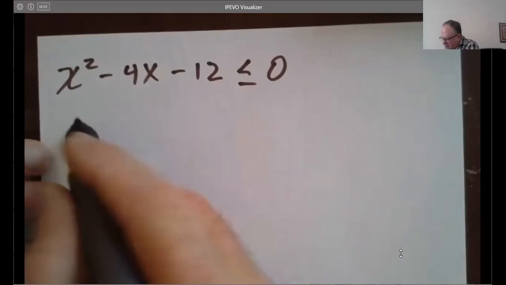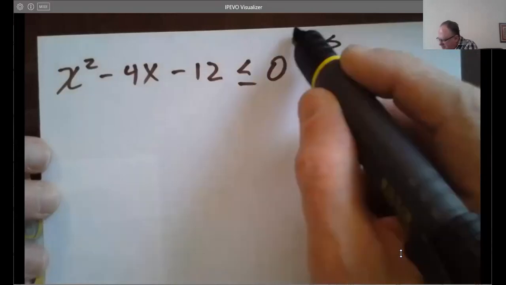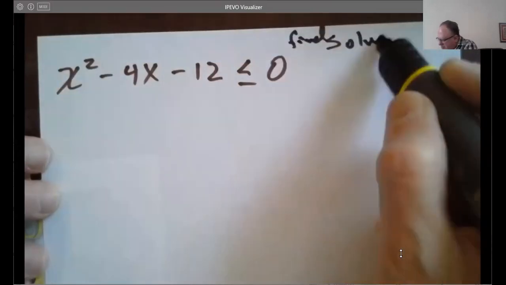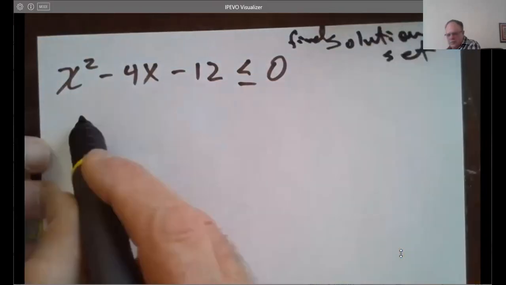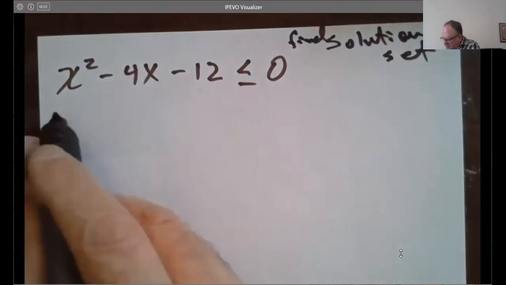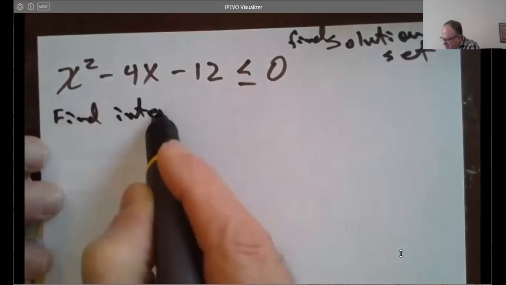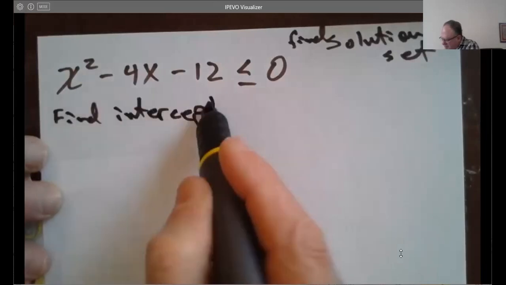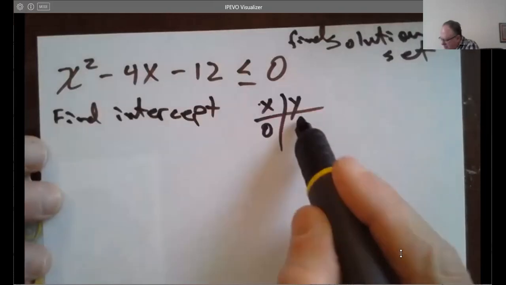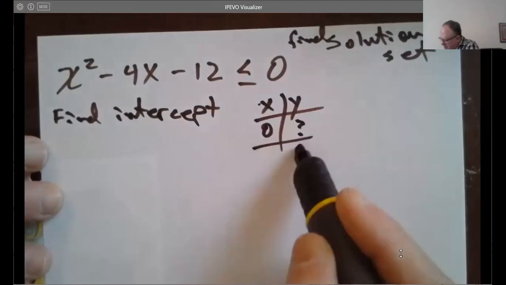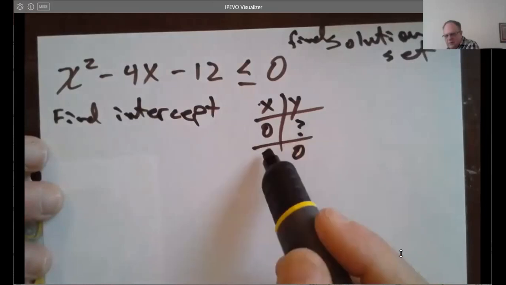So first thing we do is find the intercepts. I like to use the table method. Set x equals 0, find y. Set y equal to 0, find x.